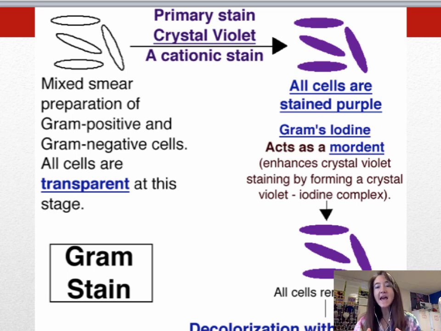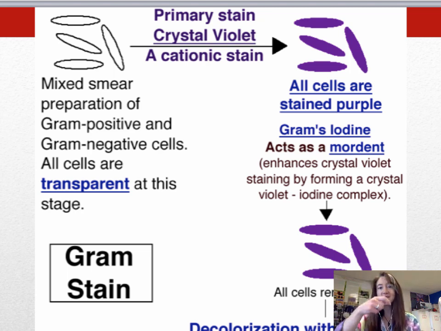And we want to enhance that purpleness. So in order to get everything to hold on to the crystal violet, gram-positive and gram-negative cells, we add what we call a mordant. That is Gram's iodine. So after adding the crystal violet, which I've got right here, that's the first step. Then you're going to add this iodine. Now, I don't know if any of you have ever worn mascara, but I kind of think about iodine as being like mascara.